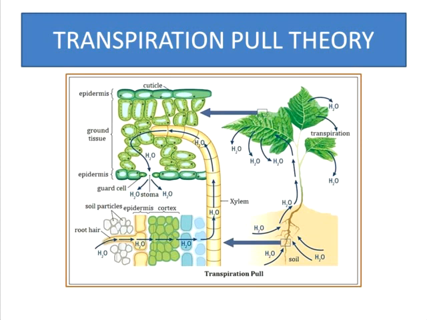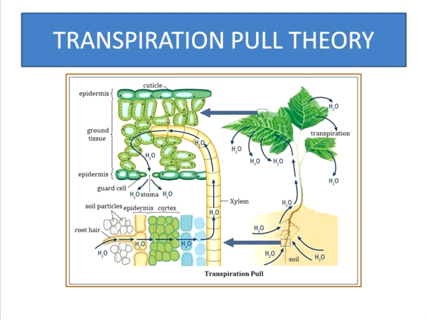The water vapor evaporates from the mesophyll cells into the intercellular spaces as a result of transpiration. The water vapors are transpired through the stomatal pores. The loss of water from the mesophyll cells causes a decrease in water potential.